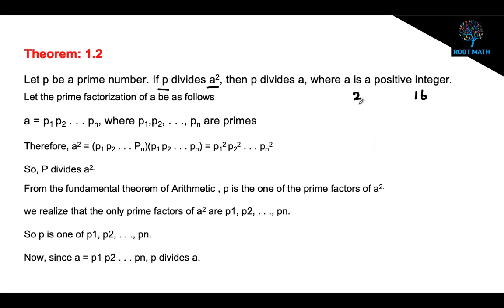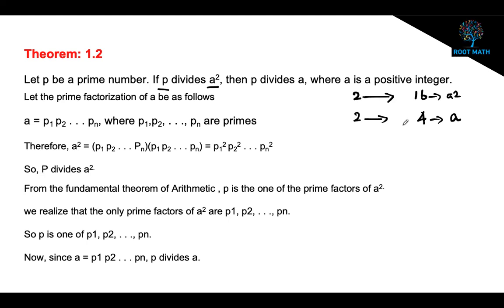You are taking a prime number and another number, a perfect square number. The prime number can divide that square number. Then what we want to prove is that the prime number can divide A also. If 16 is A squared, this is our A. If 2 can divide 16, it means 2 can divide 4 also.